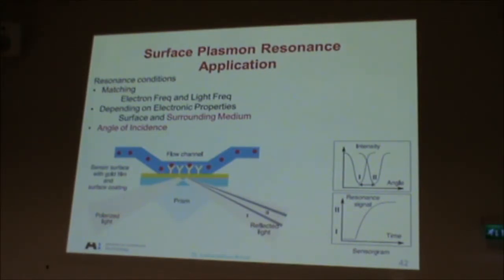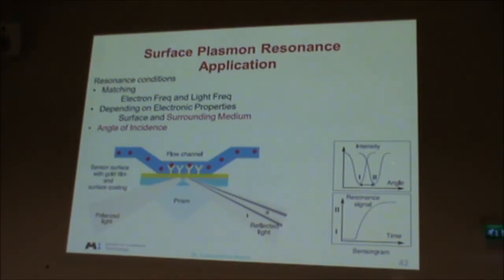Now you have a channel that is supplying some fluid on the surface of the metal. Okay, now let's say you have some antibodies. If you don't understand, don't worry. Let's say there is some reaction happening on the surface where there is some deposition happening. Now, depending on how much deposition is happening, at what rate, the properties of the surrounding medium change. And if the surrounding medium changes, that means the condition for resonance is altered.